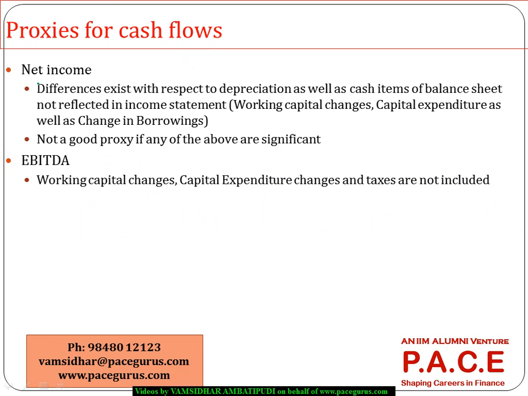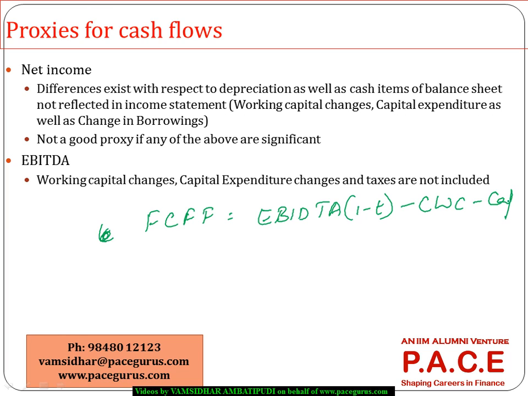Similarly, when I am looking at EBITDA as a proxy for FCFF, we have defined FCFF already in terms of EBITDA, right? FCFF goes as EBITDA into 1 minus T minus the changes in working capital and capital expenditure.